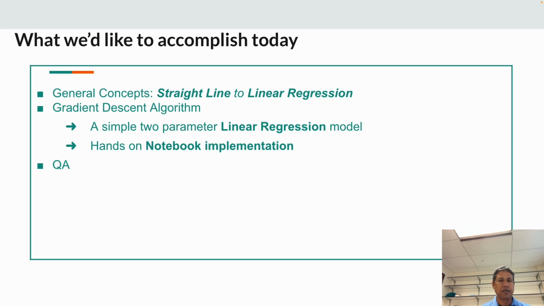In the second part, we will learn a very popular machine learning algorithm, what we call gradient descent, which works for simple models like linear regression and is equally applicable for very complex models like neural networks.